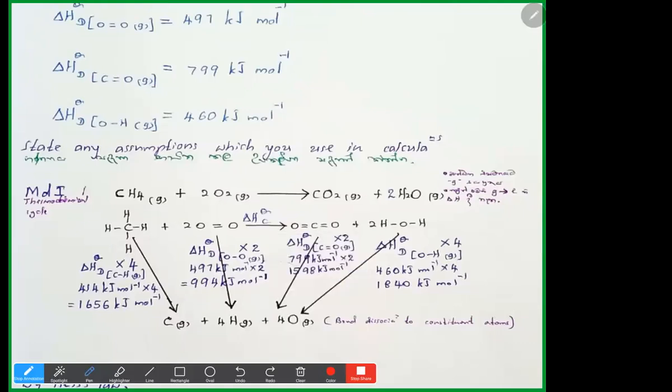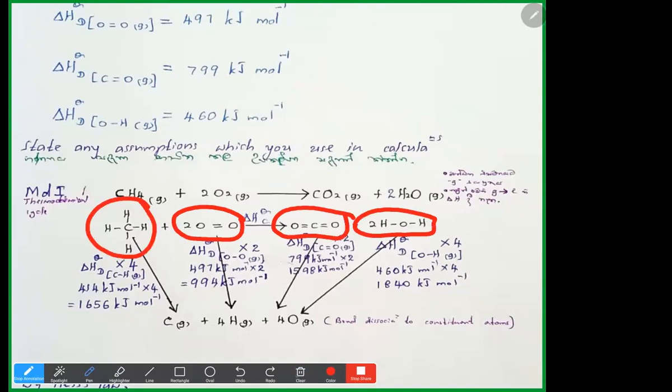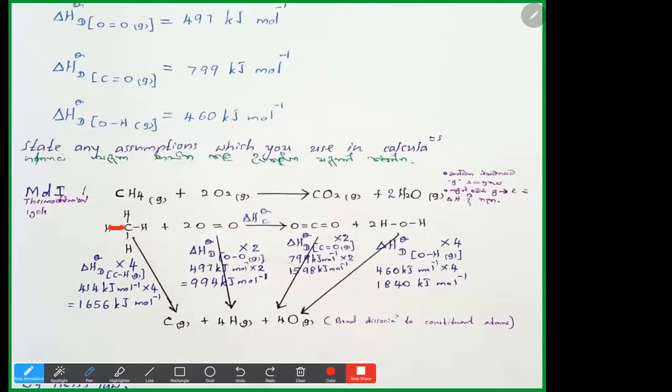Then since they were given dissociation enthalpies, I want to make sure which bonds are dissociating. So to see these bonds, I'm writing these with sketches. Skeletal structure would be enough. You don't want Lewis or VSEPR shapes. So 1, 2, 3, 4, you are breaking 4 bonds here. 1 double bond, but 2 of them you have. 1 and 2, 2 CO double bonds. 1, 2, but you have 2 here, so altogether 4.